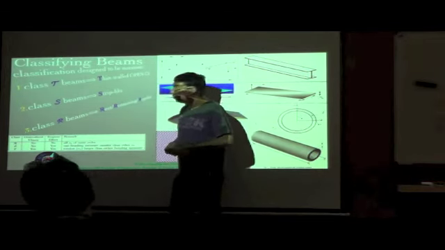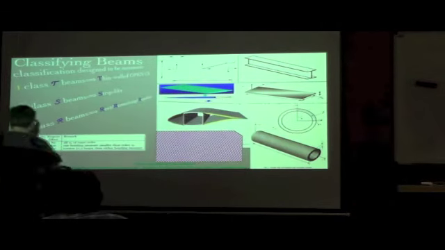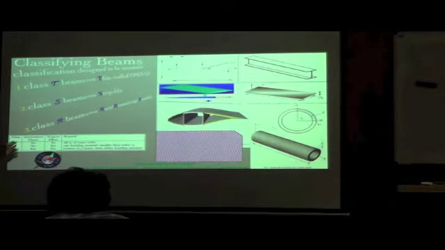If you look at the torsional behaviors, two major non-classical effects are there. One is the generalized Vlasov effect, which is basically the restrained warping effect, because of which kappa 1 prime starts contributing to the strain energy, and the trapeze effect, where the nonlinearity in kappa 1 becomes important. In other words, more than quadratic terms contribute to the 1D strain energy density.